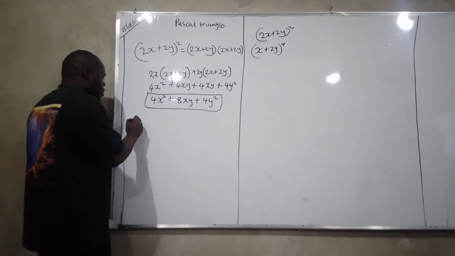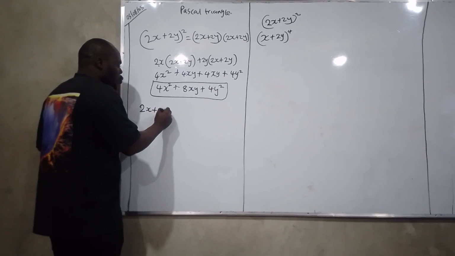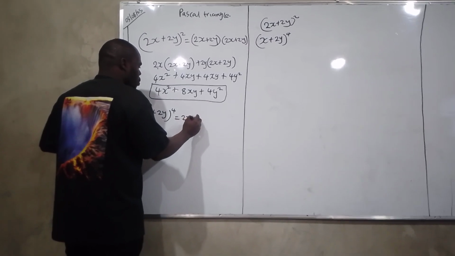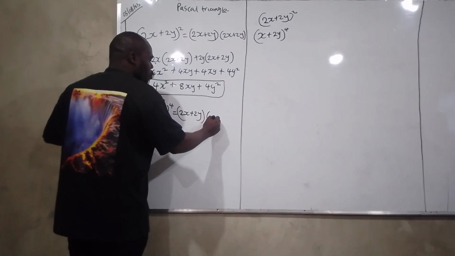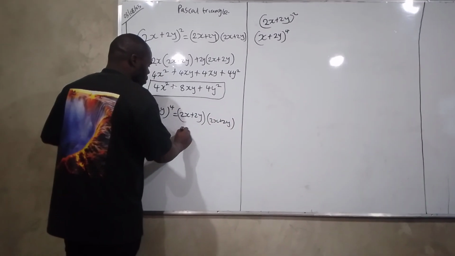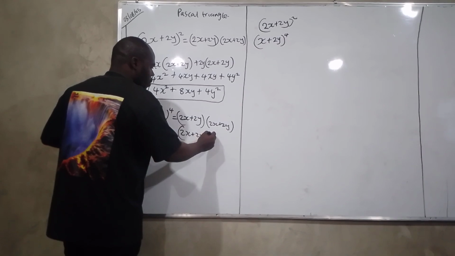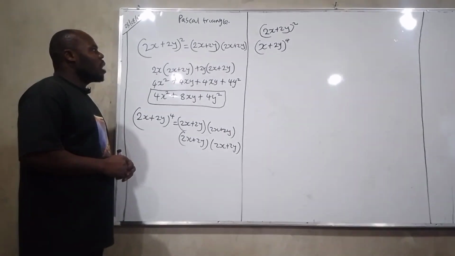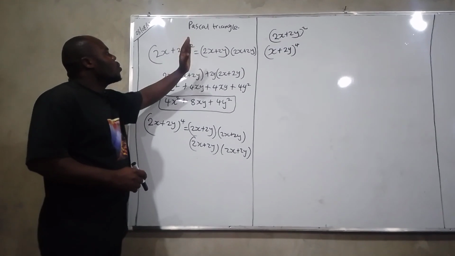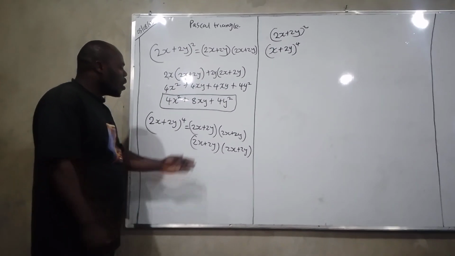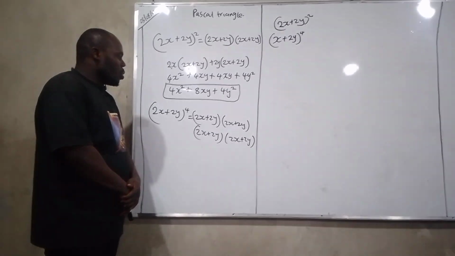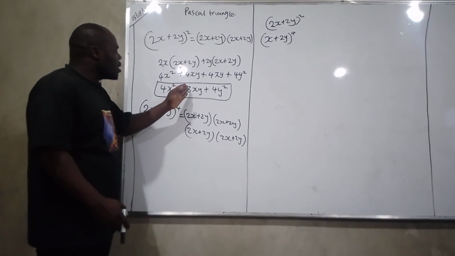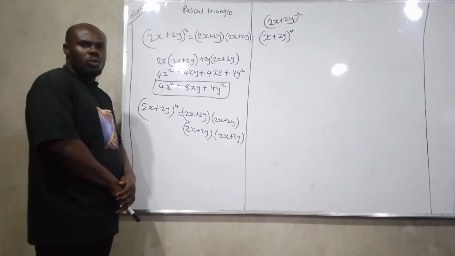Now, you see the steps we went through in this expansion. If this were 2x plus 2y to the power of 4, we would have to write out 2x plus 2y four times, and expand step by step, taking some of them together before expanding with the others. You can see the case we are going through.